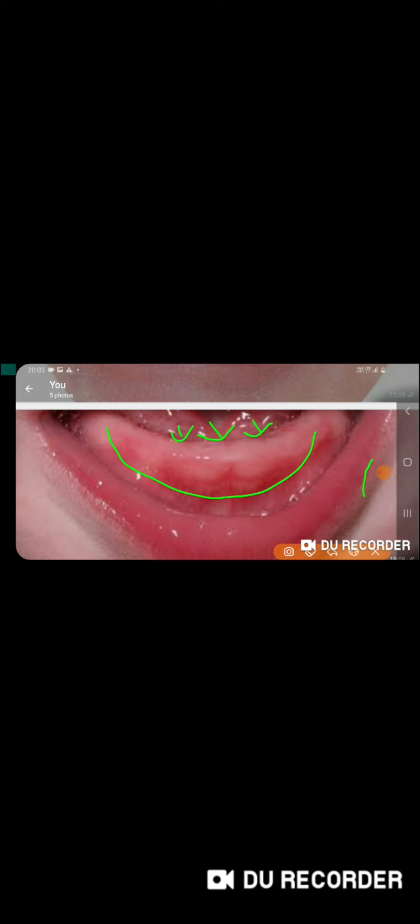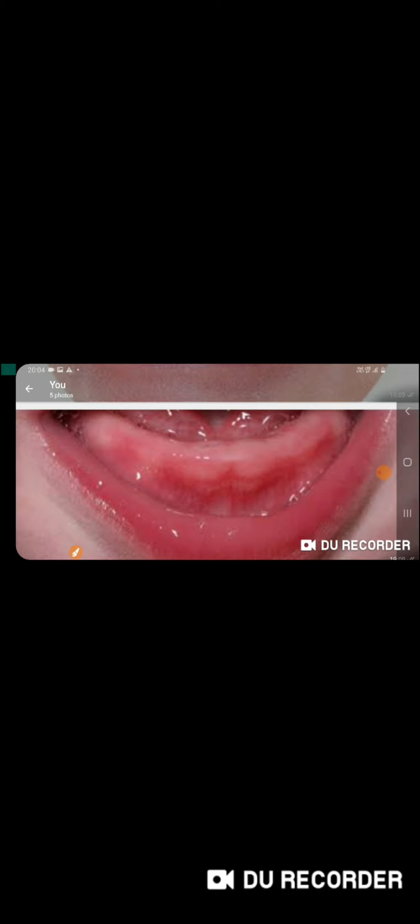Lateral sulcus means a sulcus present between the canine and the deciduous first molar area, and it is slightly distal as compared to the upper maxillary gum pad.